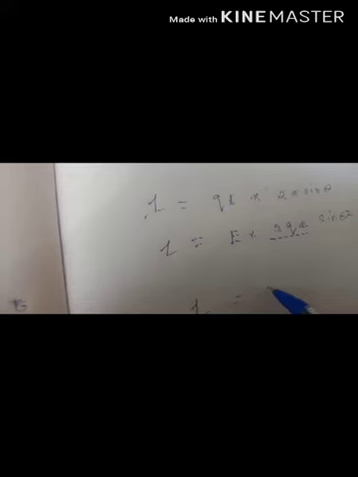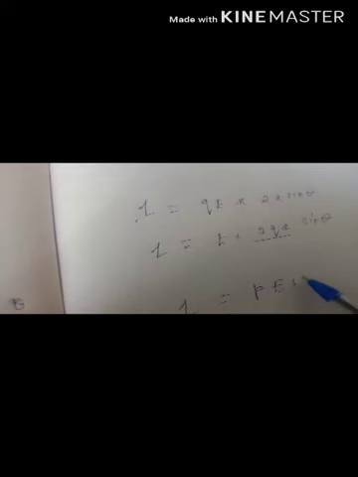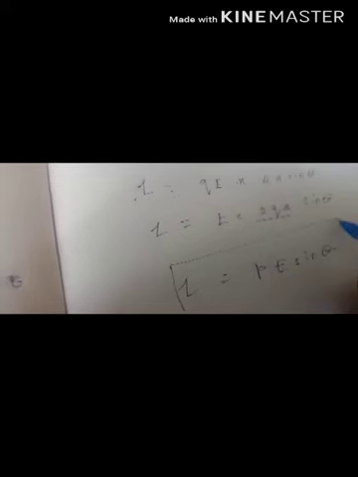We know that 2qa is the electric dipole moment, denoted by p. Here, torque is equal to pE sin theta.